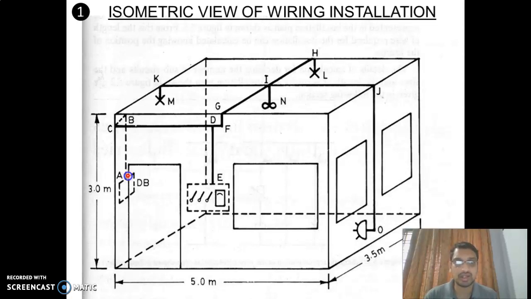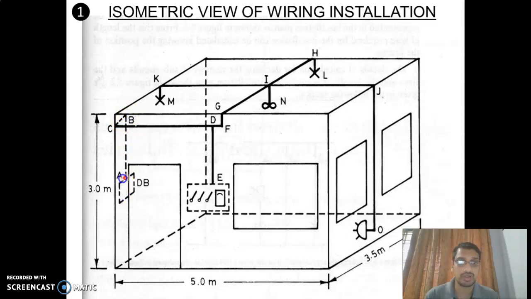We can calculate the length by adding the sections AB plus BC plus CF plus FG plus GI plus IJ plus JO. We know the length of AB, that is 1 meter.